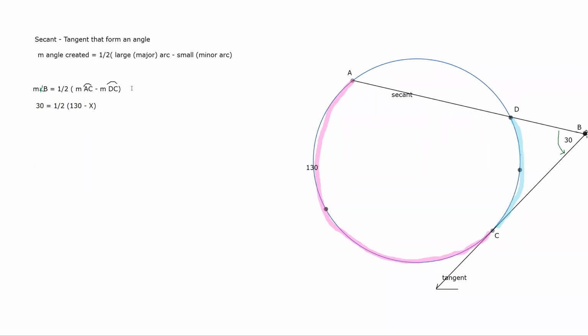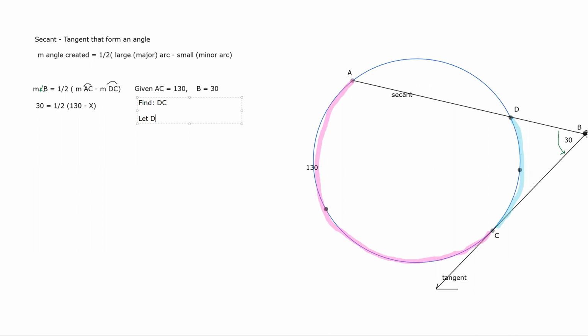So in this one, we were given angle B equals 30, arc AC equals 130. This is what we were given. And they wanted us to find DC.